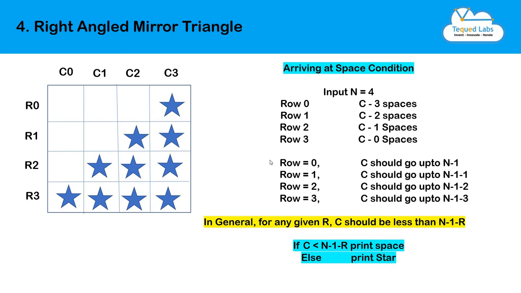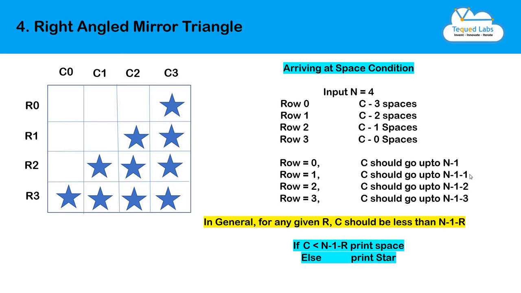When r is equal to 1, it should go up to n minus 1 minus 1, that is, up to 2: 0, 1, and this is C2. It should not go till C2, so it should be less than 2. When r is equal to 2, C should go up to n minus 1 minus 2.